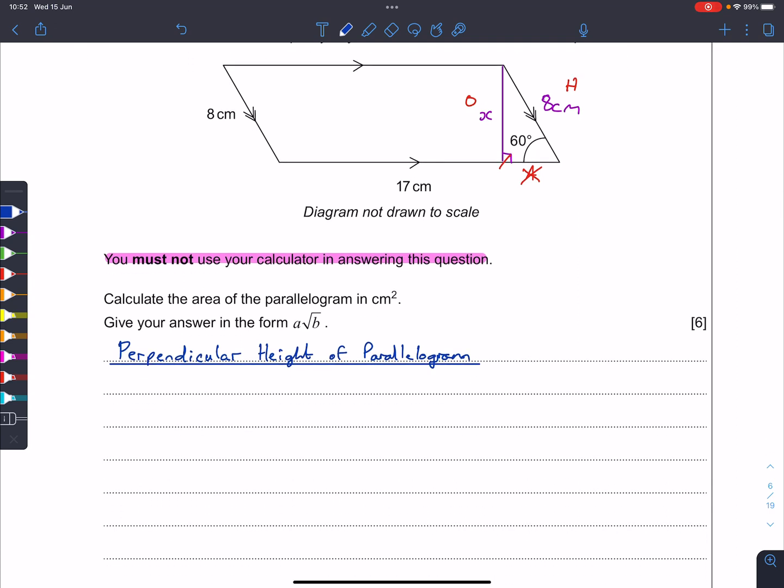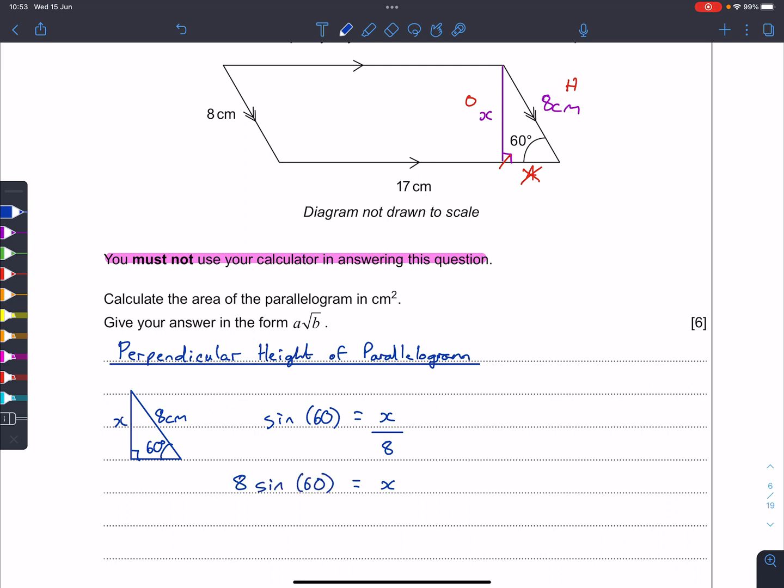So, we've got this diagram where that's 60 degrees, that's 8 centimetres, and this is what we're looking for. So we can say sine of 60 equals the opposite over the hypotenuse, so that's x over 8. And that then becomes, by multiplying by 8, 8 times sine 60, or 8 sine 60.